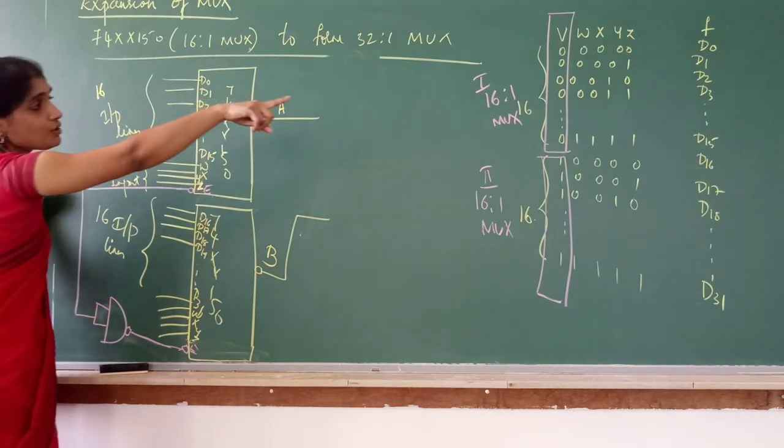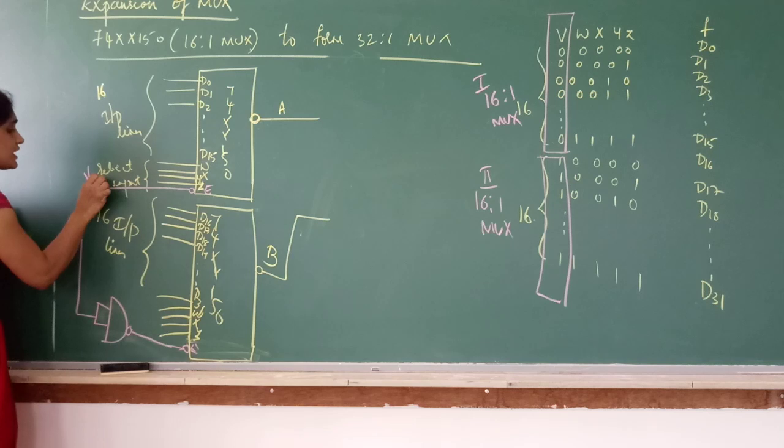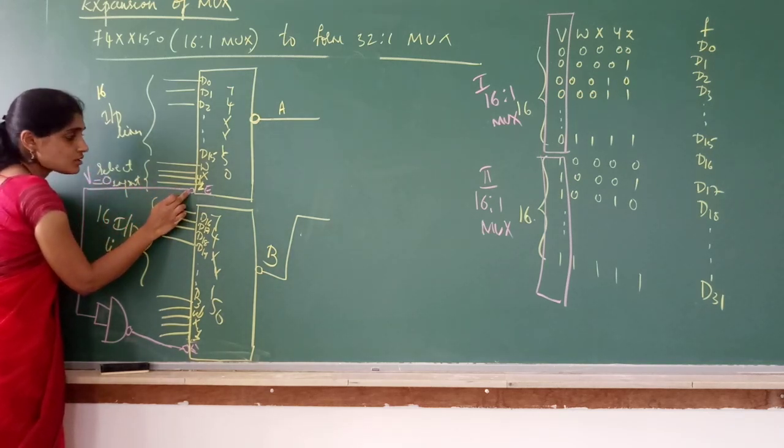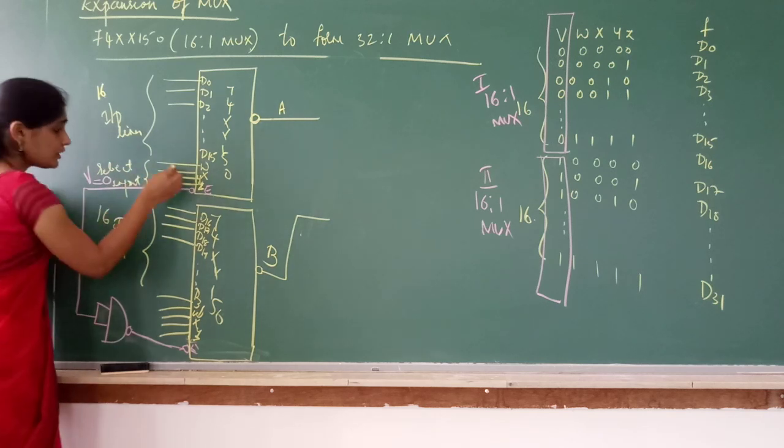Now, what is the value of V for the first 16 combinations? 0, right? So if V is 0, 0 is coming here. So now what will you do with W, X, Y, Z?